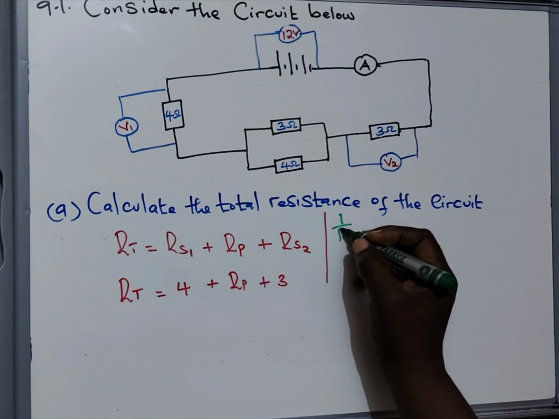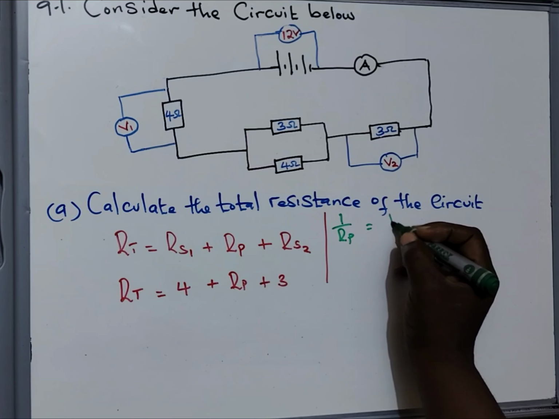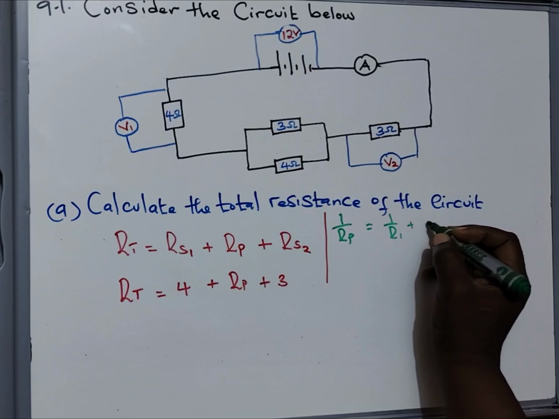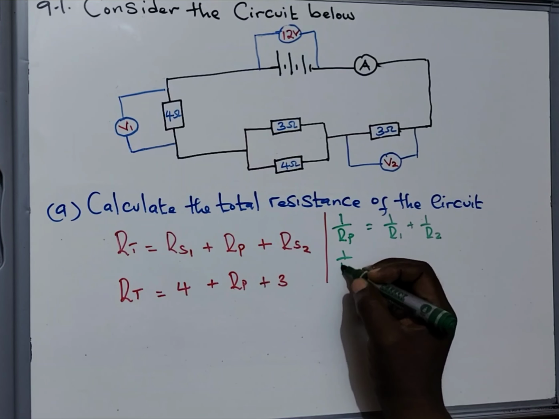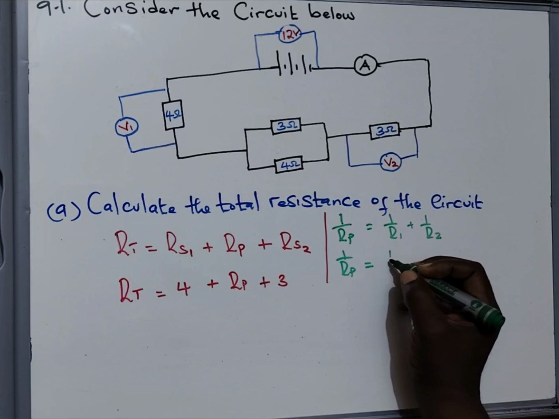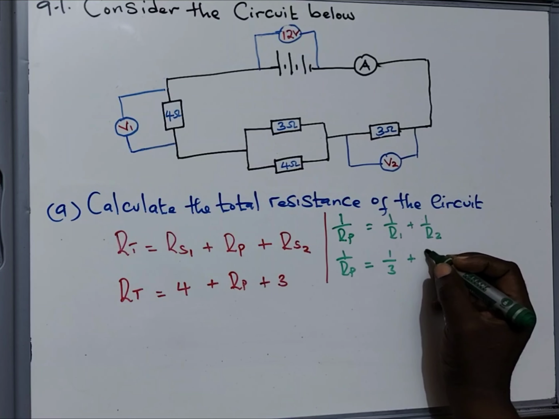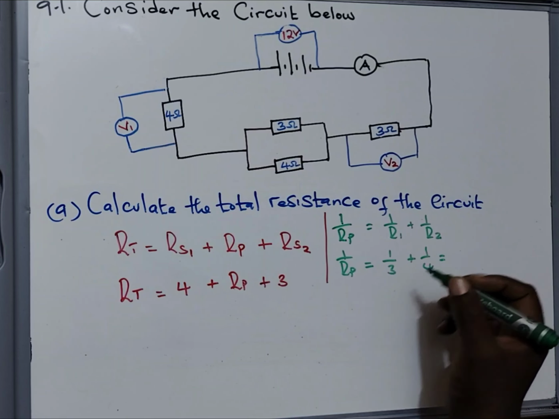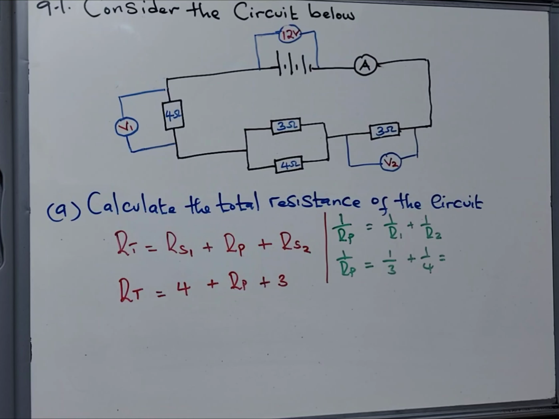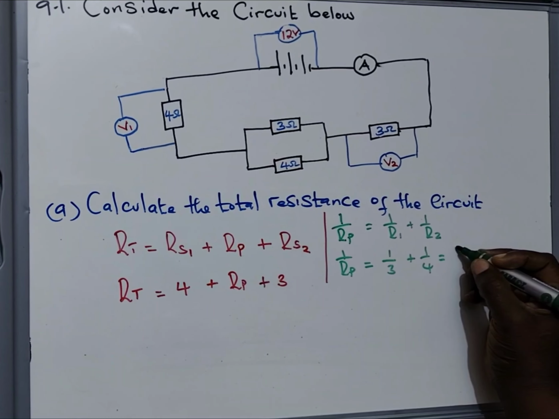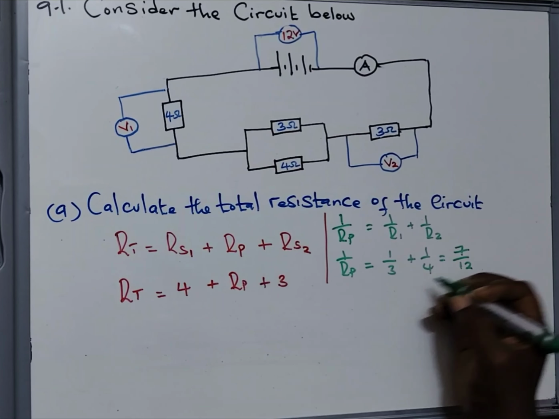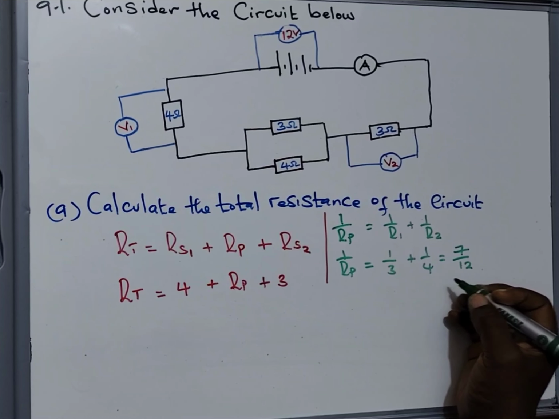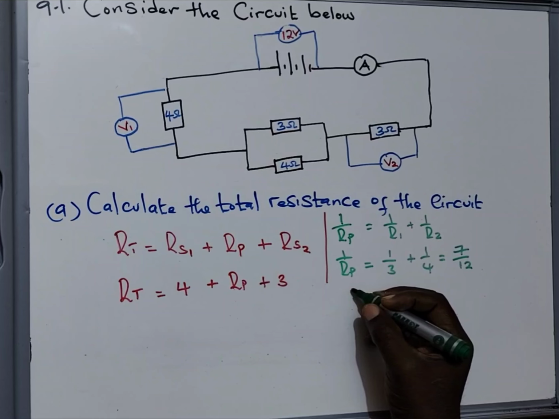So we say 1 over RP is equal to 1 over R1 plus 1 over R2. So 1 over RP is equal to 1 over 3 plus 1 over 4, giving you 7 over 12. But you have to remember that we are calculating RP, not 1 over RP.